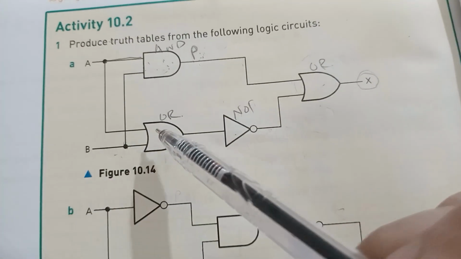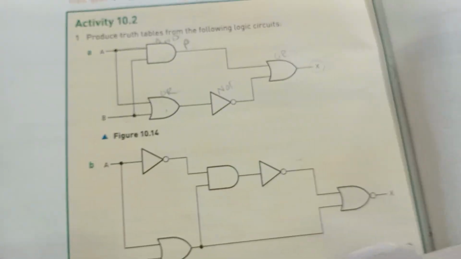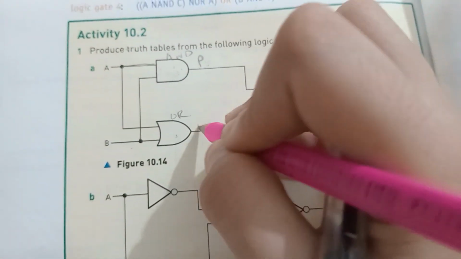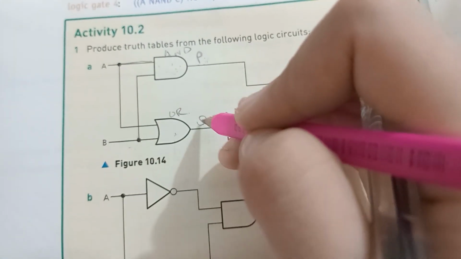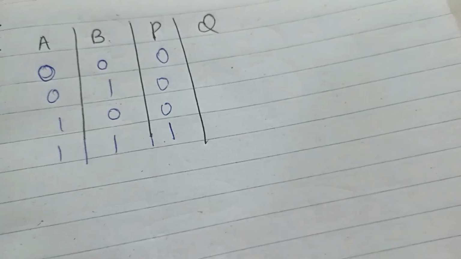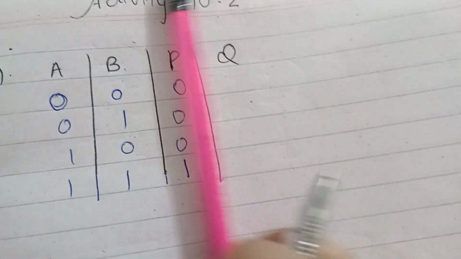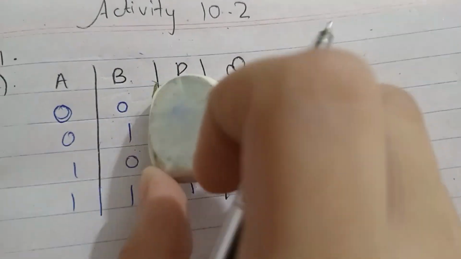For the OR gate, I have two inputs, A and B, and P is not our input. I'll write the output here and call it Q, whatever the output of the OR gate is.